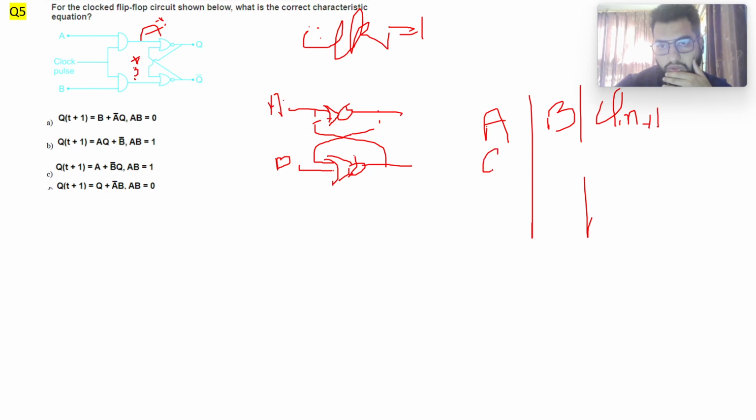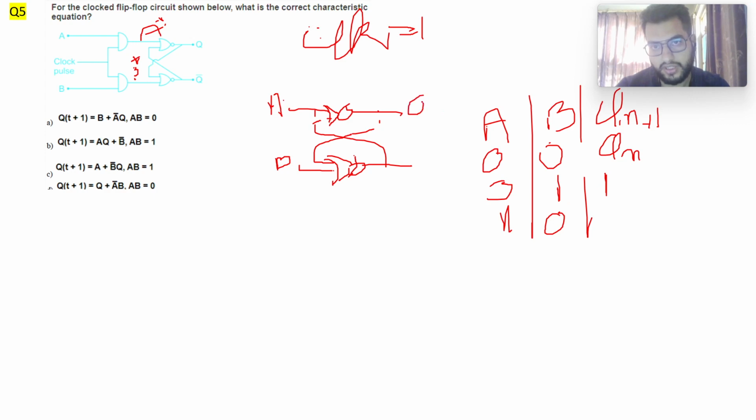When A is equal to 0 and B is equal to 0, this will be equal to Qn. That is the memory condition. When A is equal to 0 and B is equal to 1, this will be 1. If it was a NAND gate, it would have been 0, but since it's an OR gate, that's why it's 1. When A is equal to 1 and B is equal to 0, Qn plus 1 is Qn bar, and so this will be 0. Finally we have 1 1, which is the invalid condition.